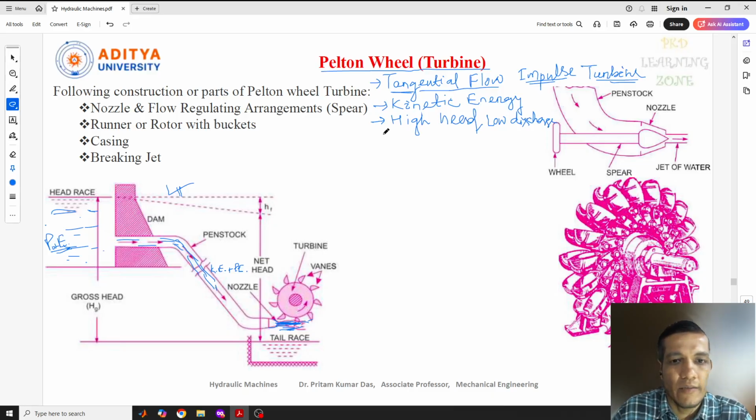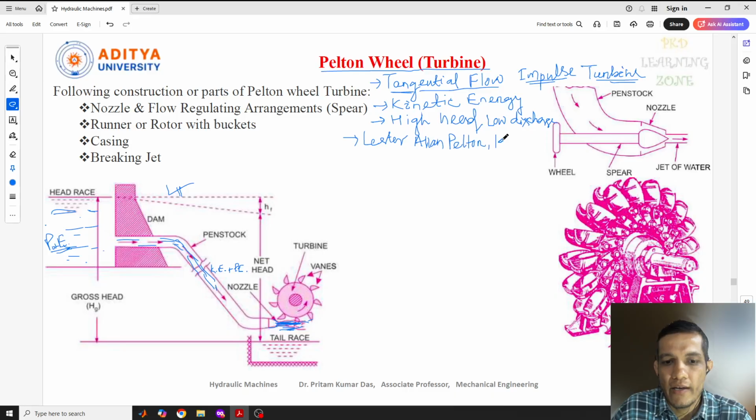And next, this turbine was developed by an American scientist. His name is Lester Alan Pelton. According to his name, it was named the Pelton turbine. He is an American scientist, and based on his name, this turbine was named.